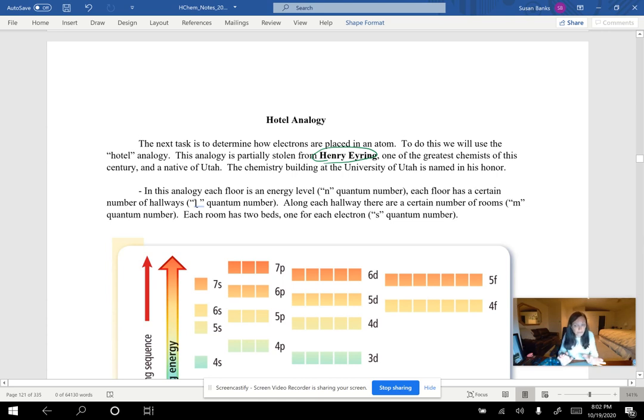Now, little rival here, the chemistry building on the University of Utah's campus is named the Henry Eyring Building. Whereas at BYU's campus, the Henry Eyring Building is actually the physics building. So both campuses have Henry Eyring buildings. I've spent many, many hours in both of those buildings. I know both of those buildings like the back of my hand.